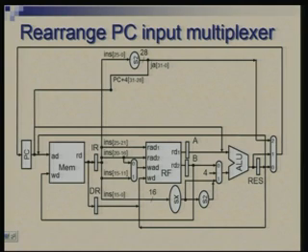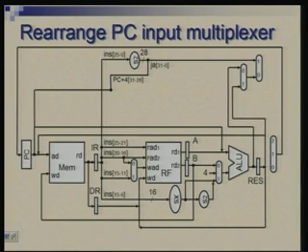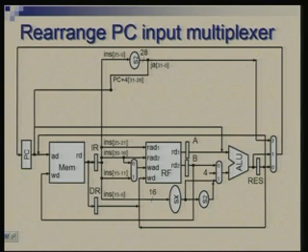So, you can see it again. This is one connection, this is the second connection, this is the third, and this is the fourth. So, one output and 3 inputs. They are all rearranged.